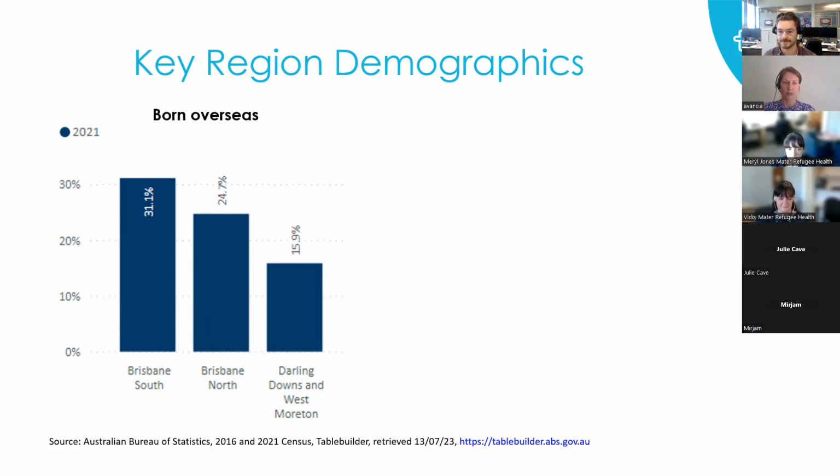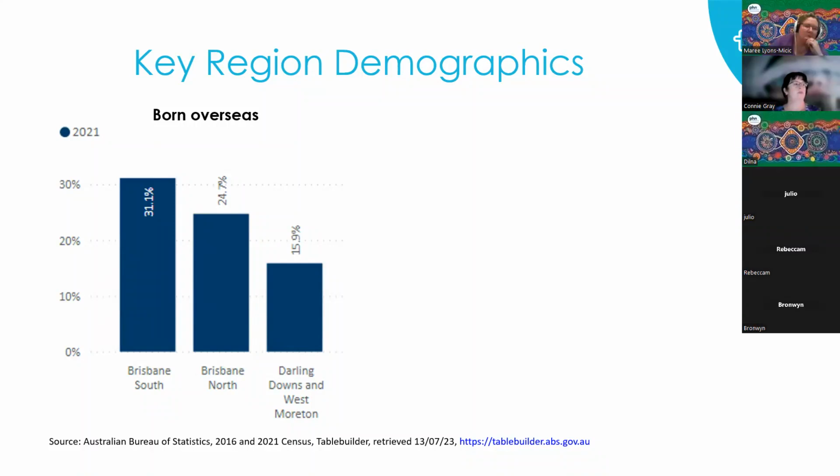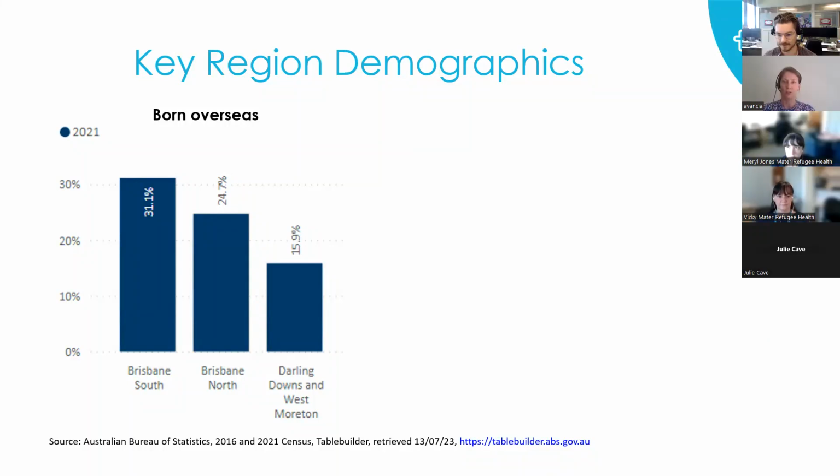I wanted to highlight the fact that we didn't go into LGA, and I know that in specific LGAs like Ipswich and Brisbane, there are higher numbers of people born overseas, but when you spread it across the whole PHN, it brings that percentage down. So this program is going to be specifically for Brisbane, Logan and Ipswich regions due to the high numbers in those regions of people born overseas. Next slide.